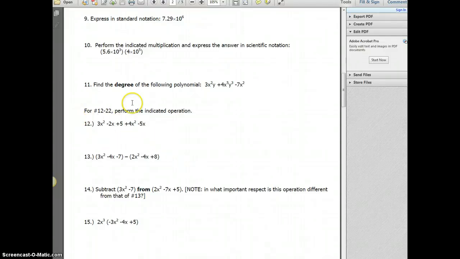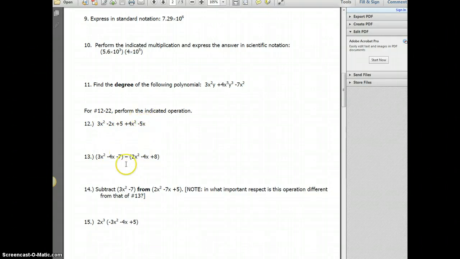When you are adding and subtracting different terms, you have to make sure that you have like terms. So an x squared term can be combined with another x squared term. A 5 cannot be combined with a 5x term, but an x term can be combined with another x term.